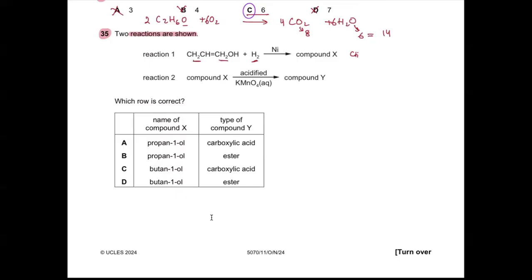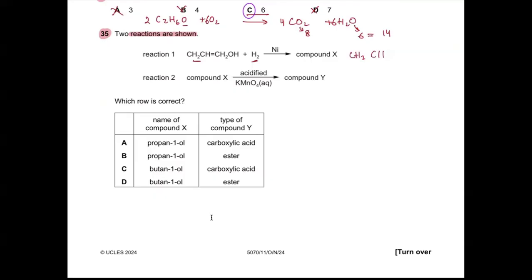There is some mistake. 1, 2, 3. There are 3 carbons. So the compound X would be CH2, CH.